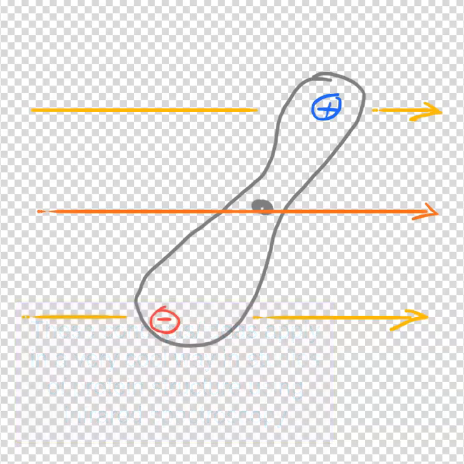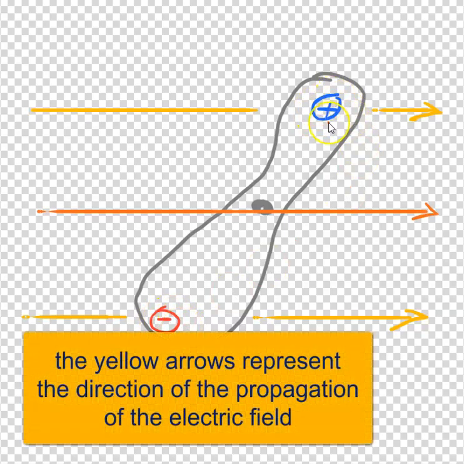Okay, so in very basic terms, a dipole is two opposite charges, a negative charge and a positive charge, separated by some distance.